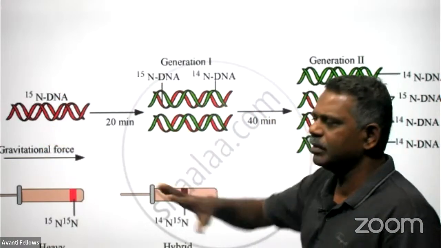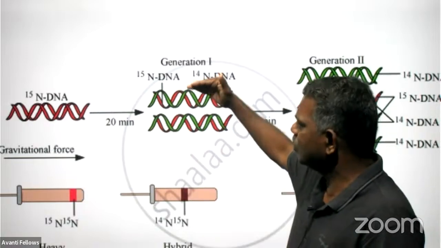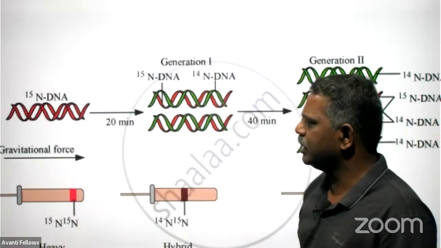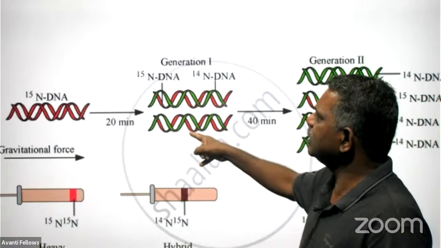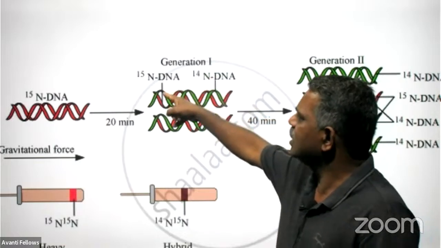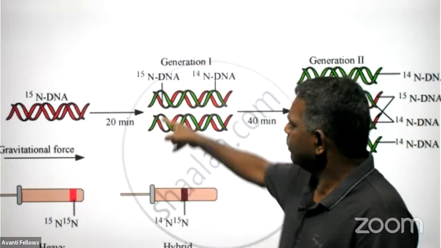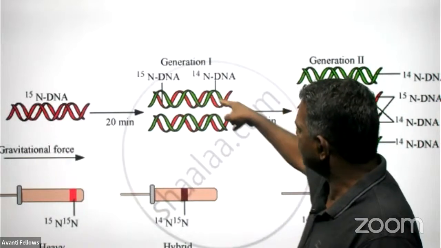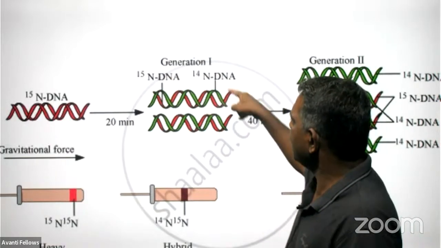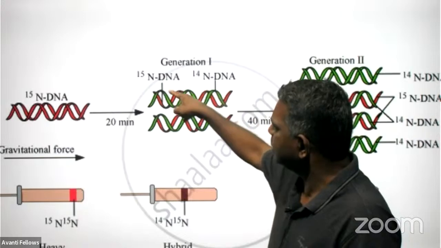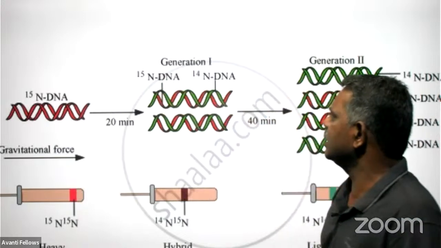After 20 minutes, the DNA replicates and produces two DNA molecules. These two DNA in the first generation are hybrid only. One has the heavy isotope N15, and the other has the light nitrogen N14.